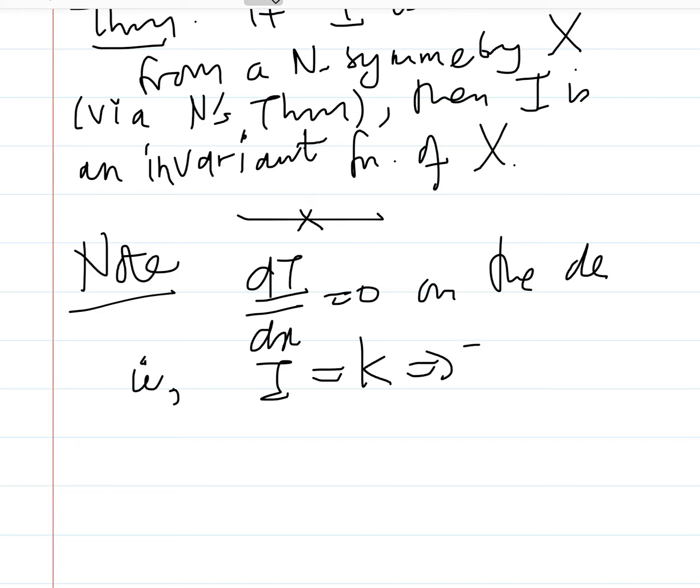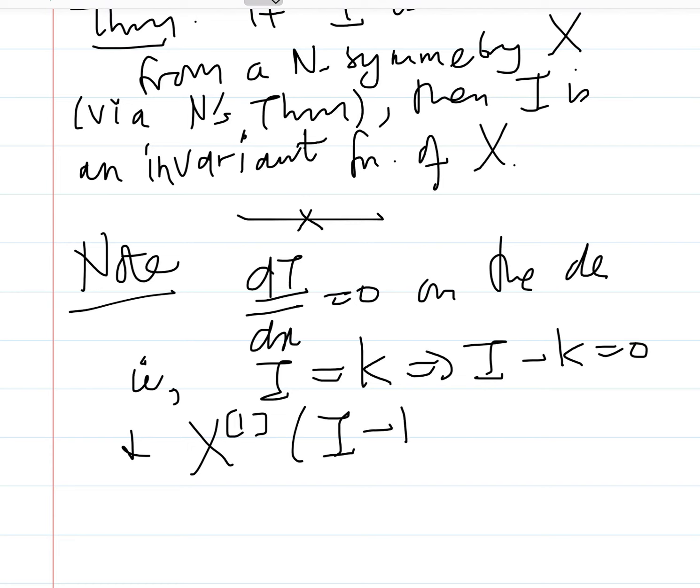Which implies that the first integral you would construct, I minus k, is equal to 0, and if you took the vector field, and of course you'll have to prolong it, and operate it on I minus k, this we know, when X1 operates on I, you get 0. When X1 operates on a constant, you get 0. So you get X1 on I minus k is 0 on the differential equation.